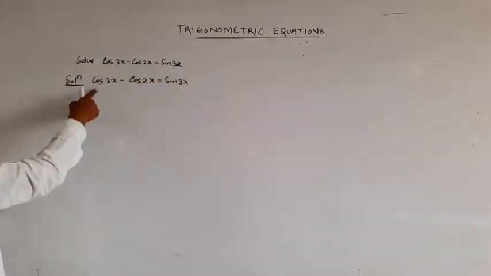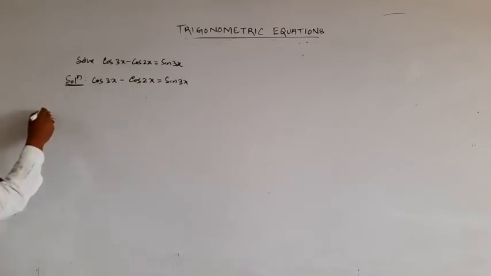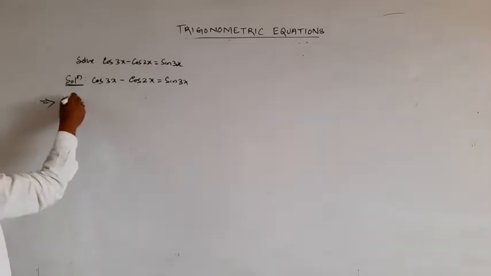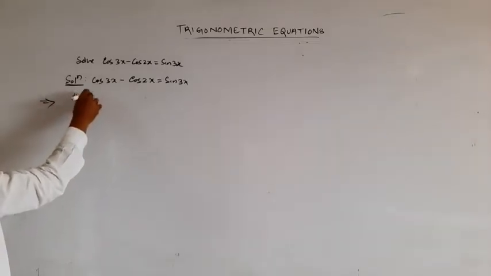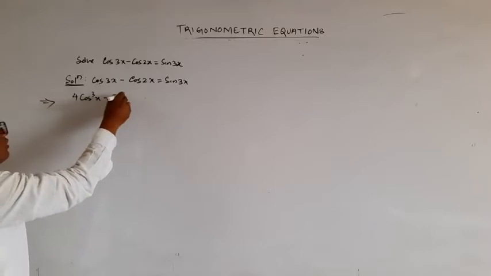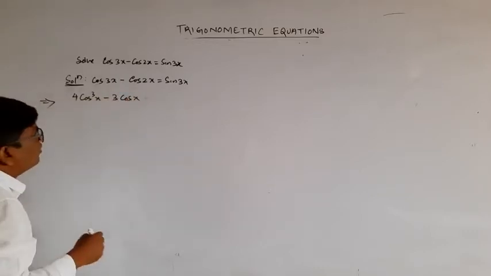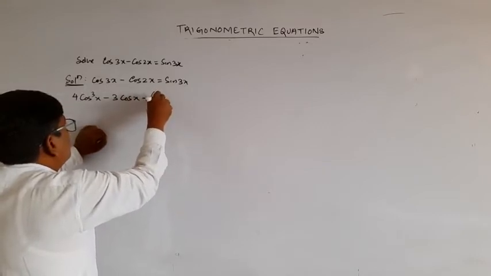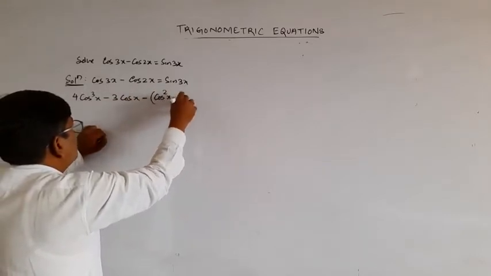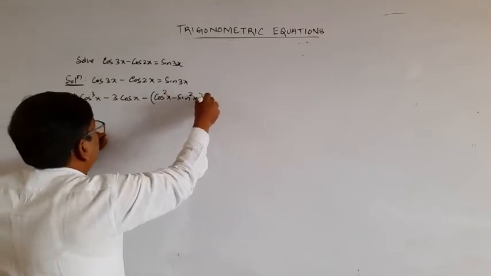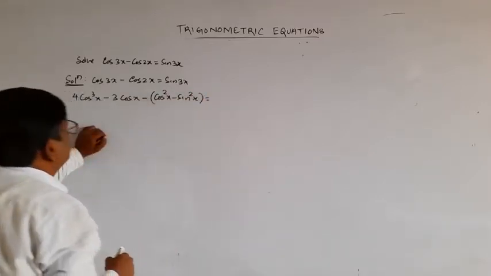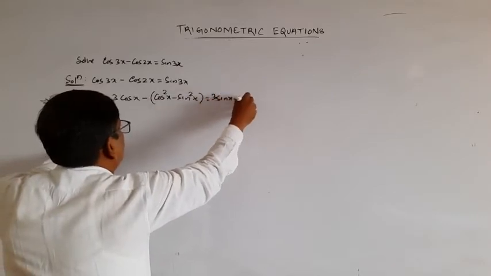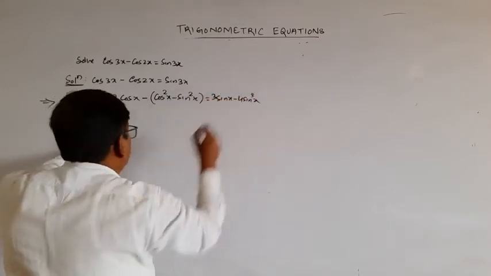Apply the cos 3x formula. So this is what? Cos 3x is equal to 4 cos cube x minus 3 cos x, and cos 2x is equal to what? Cos 2x is equal to cos square x minus sin square x. This is equal to sin 3x, which means 3 sin x minus 4 sin cube x.